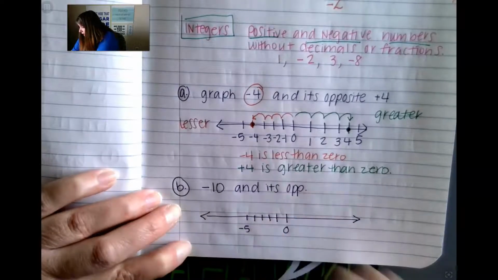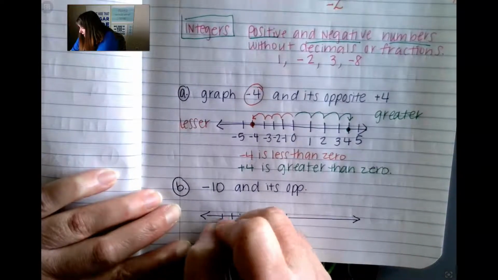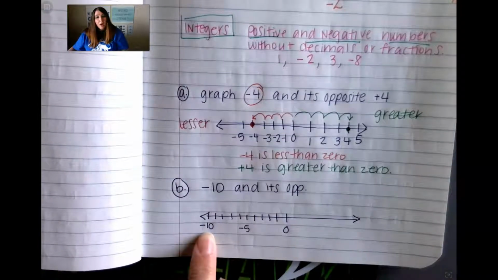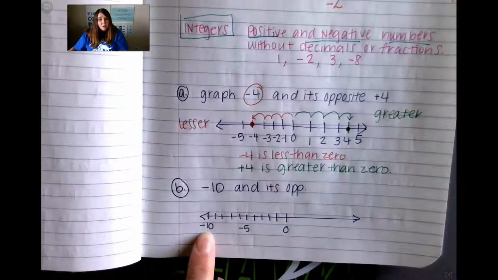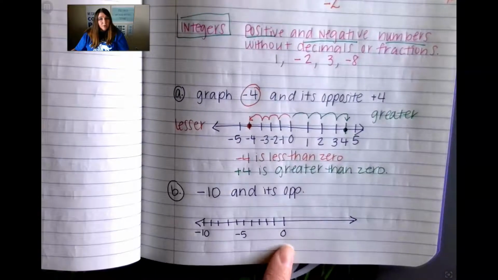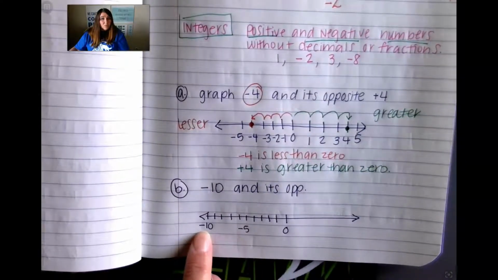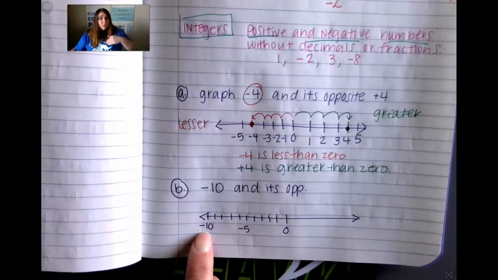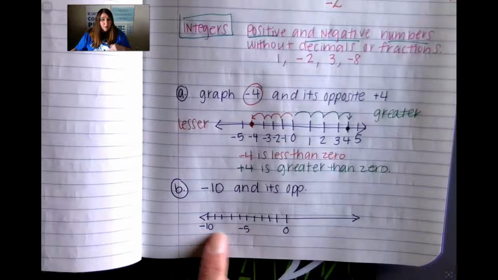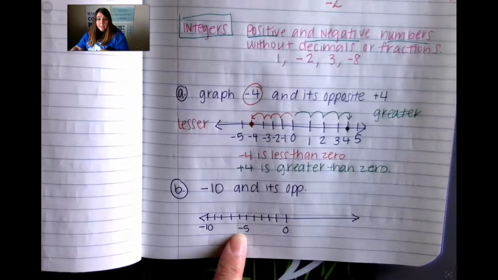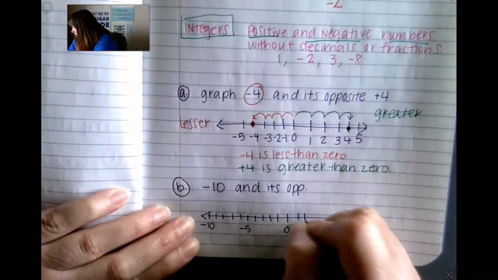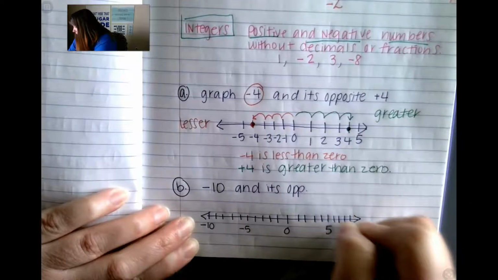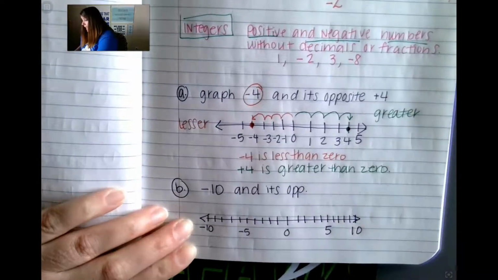So there's negative 5. 6, 7, 8, 9, 10. There's negative 10. Do you see how negative 10 is farther than 5 from 0? It's further away. So this number, negative 10, is a smaller number, or it's lower or below 0 compared to negative 5. Up here, there's a positive 5, and here's a positive 10.